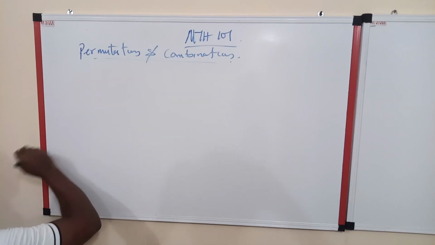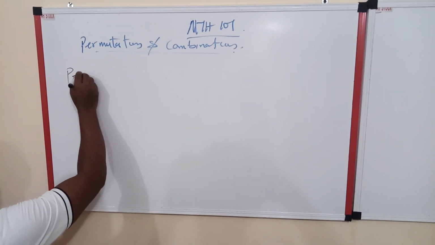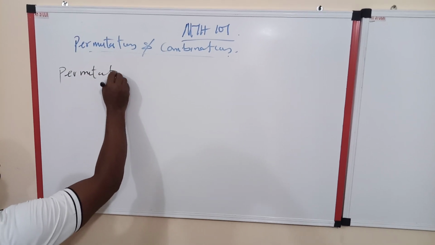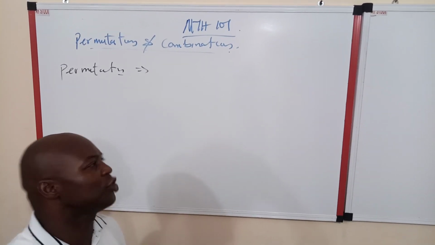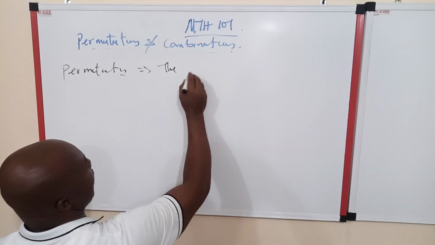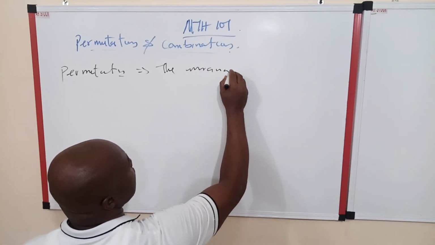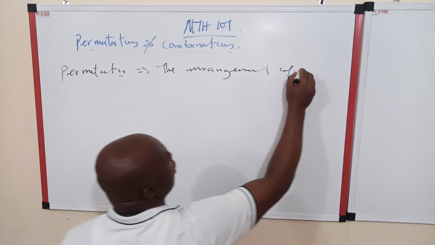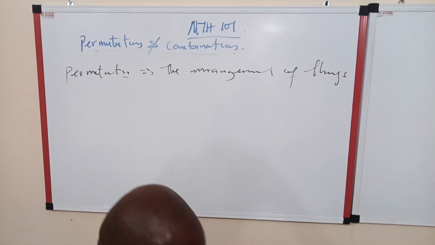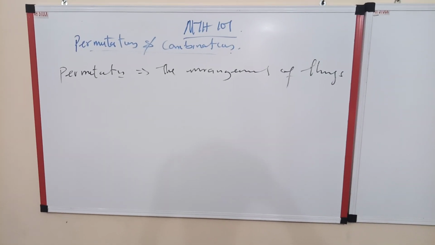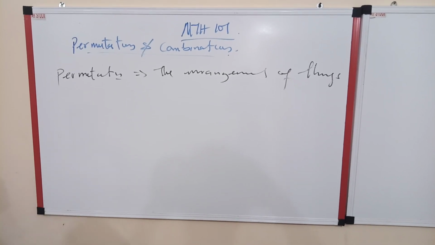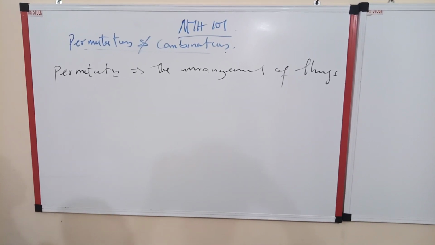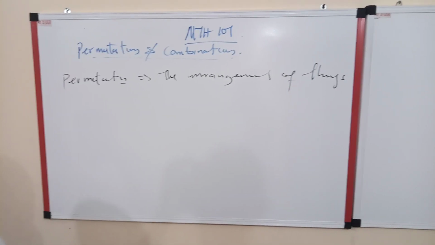Then we can say that permutation is associated with the arrangement of things, whereas combination is concerned with the selection of things.